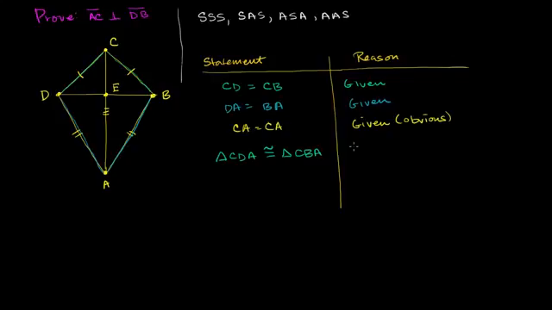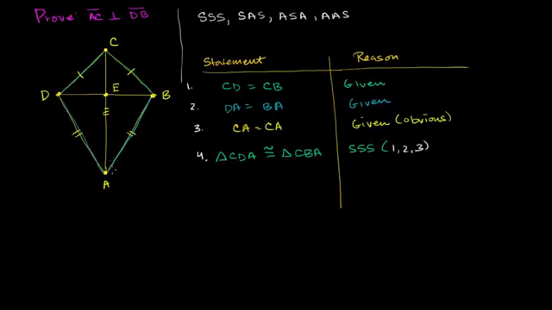And we know that by the side, side, side postulate and the statements given up here. And actually, let me number our statements just so we can refer back to this: 1, 2, 3, and 4. And so side, side, side postulate and statements 1, 2, and 3. So statements 1, 2, and 3 and the side, side, side postulate let us know that these two triangles are congruent.